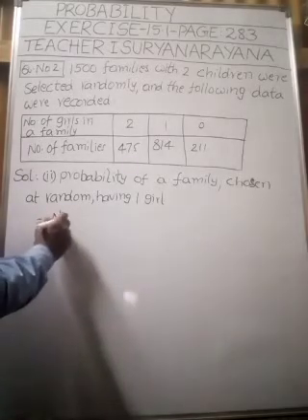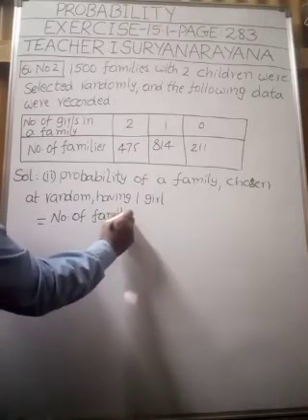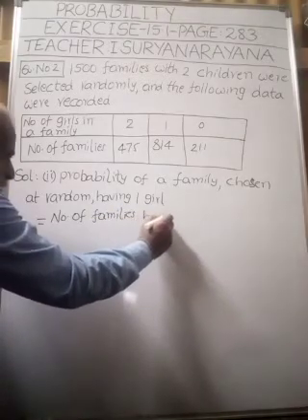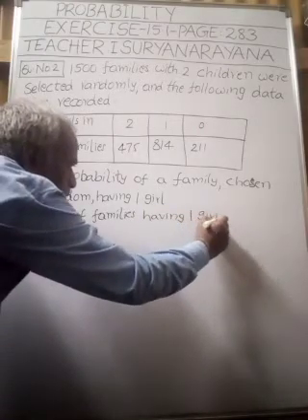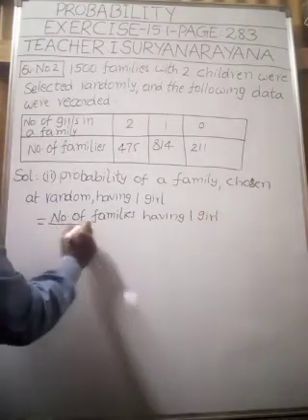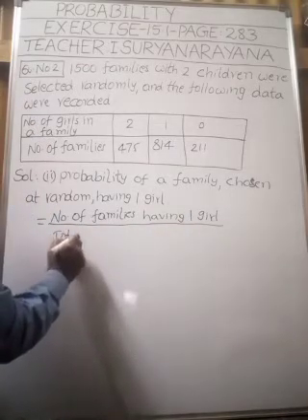Number of families having 1 girl whole divided by total number of families.